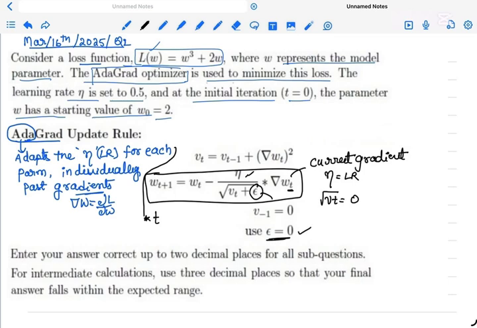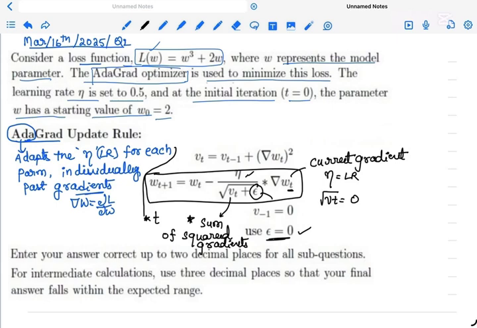Vt is the sum of the squared gradients. This vt is very important.